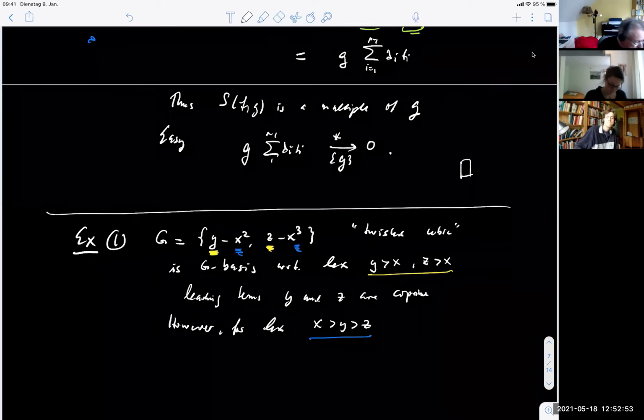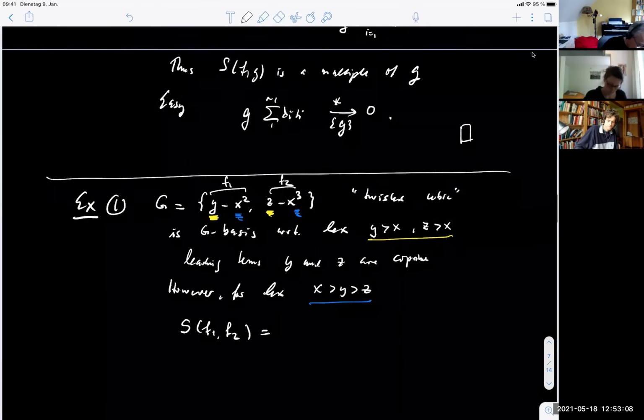But now let's compute the S polynomial of f1 and f2. How do I compute it? Let's do a side calculation. f1 is minus x squared plus y. f2 is minus x cubed plus z.